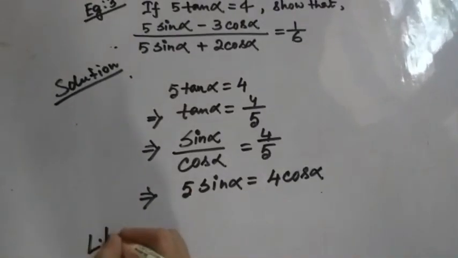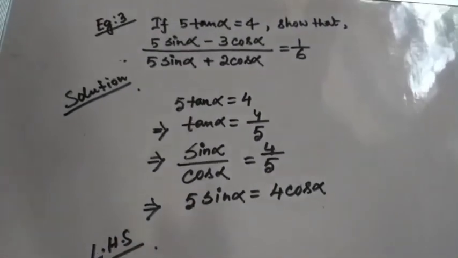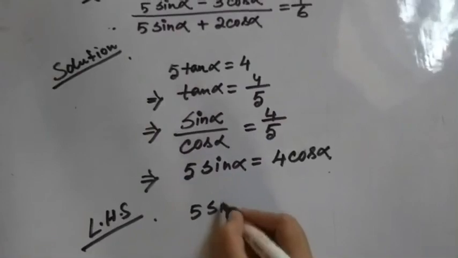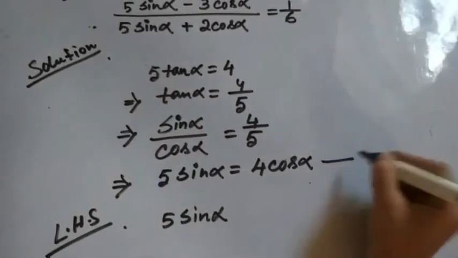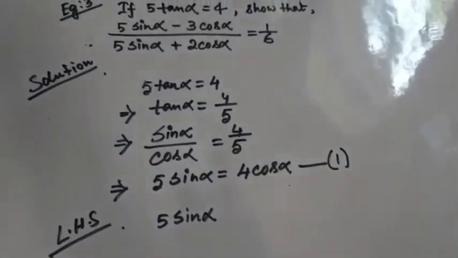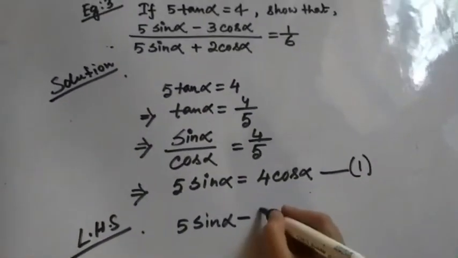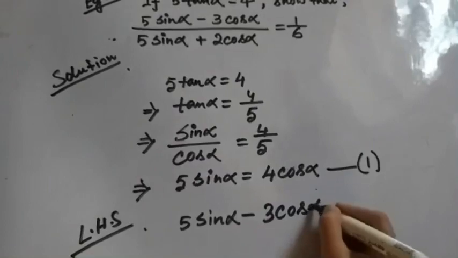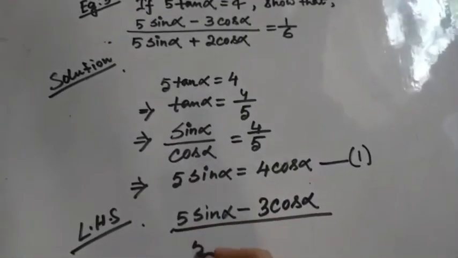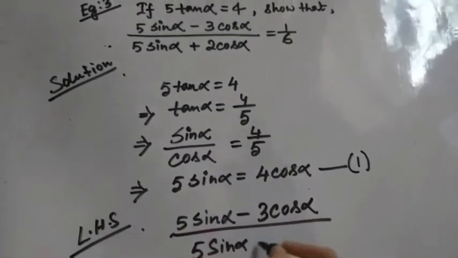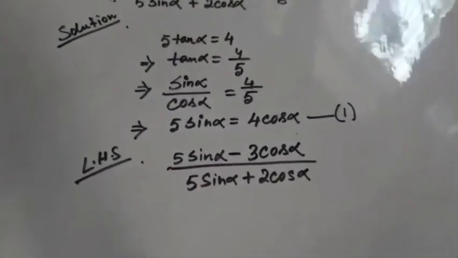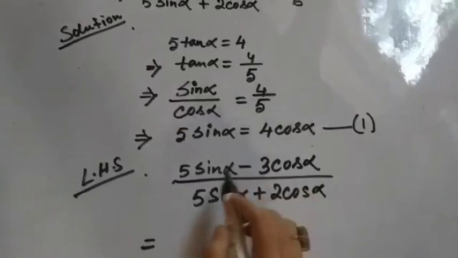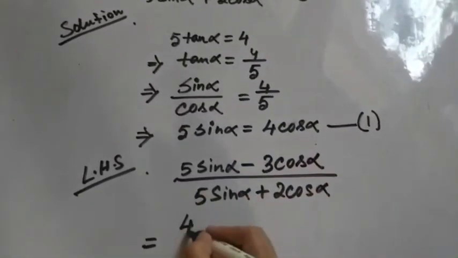Now let us write the left hand side of the question. You can write it down as equation number 1. 5 sin alpha minus 3 cos alpha divided by 5 sin alpha plus 2 cos alpha. Now instead of 5 sin alpha, we can write 4 cos alpha.